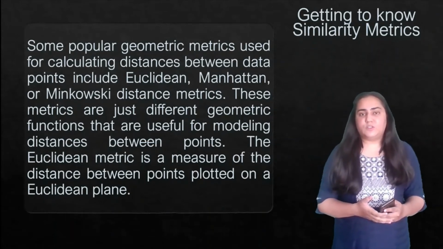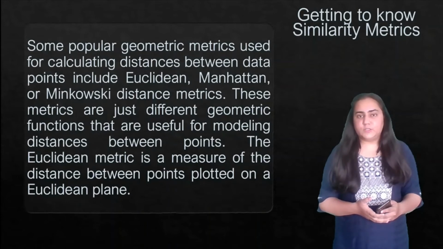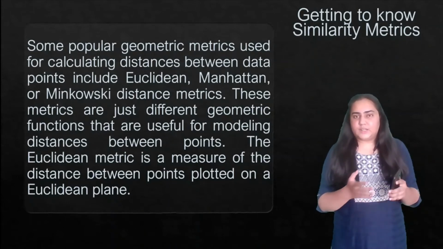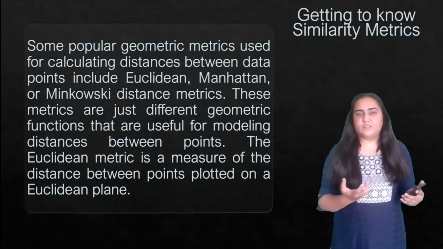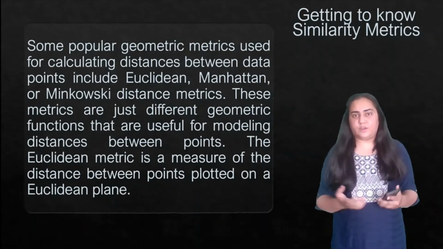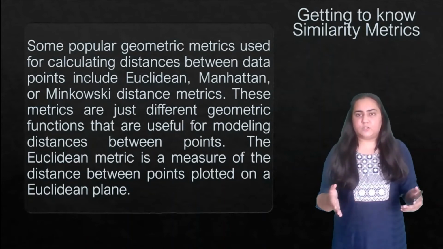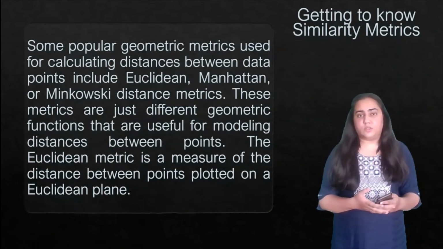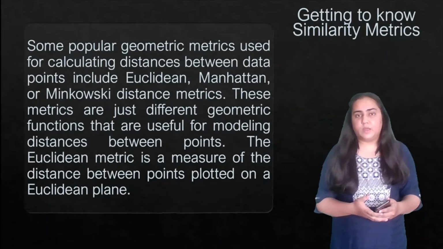So these metrics are just different geometric functions that are useful for modeling distances between points, because the clusters are created based on how close or far away they are from each other. So you have to measure the distance, and to measure the distance, we have these 3 very popular geometric metric techniques, which are Euclidean, Manhattan, and Minkowski distance metrics.